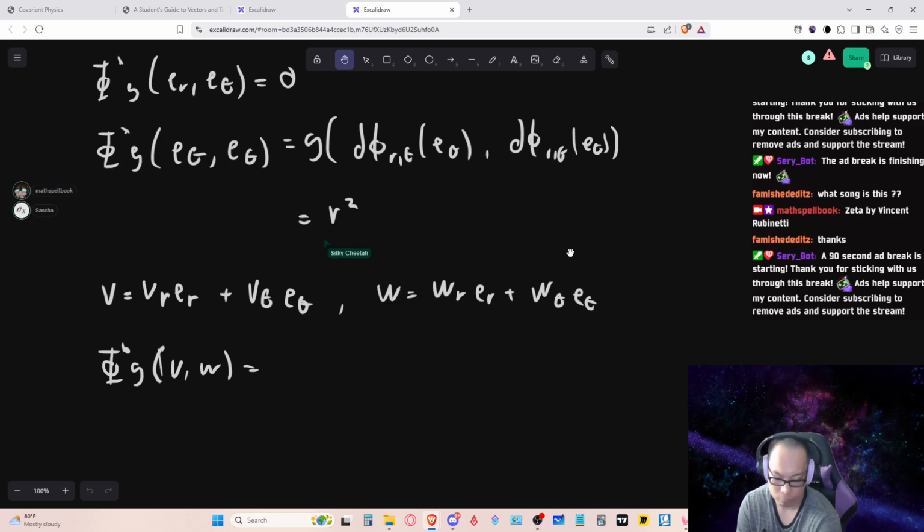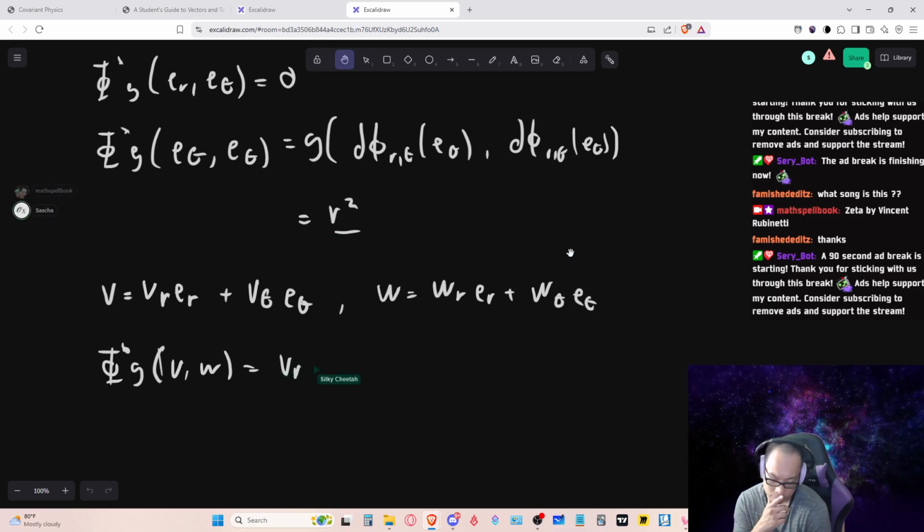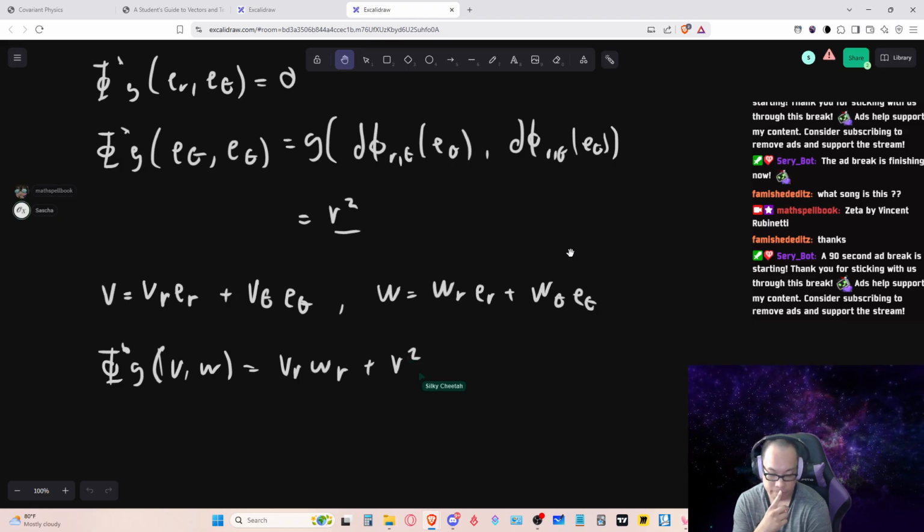The only difference is that we get some correction terms on the theta part: we get the standard metric, except that on the theta part an r squared appears.